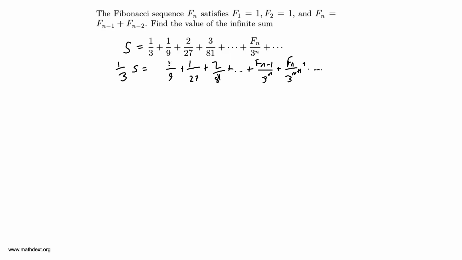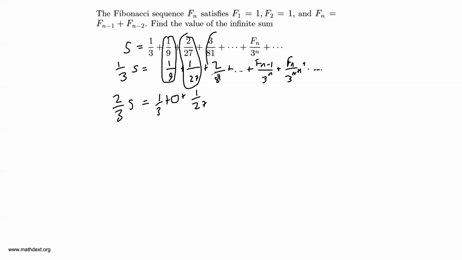And the reason I've aligned this is because I can subtract the second equation from the first to get 2/3 S is equal to 1/3, plus, subtracting these two terms, 0, plus, subtracting these two terms, 1/27.